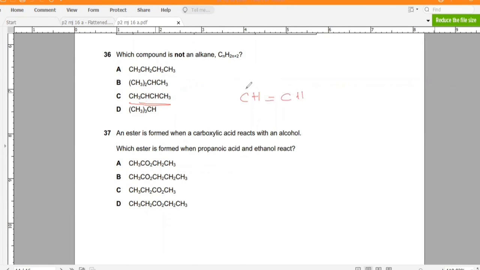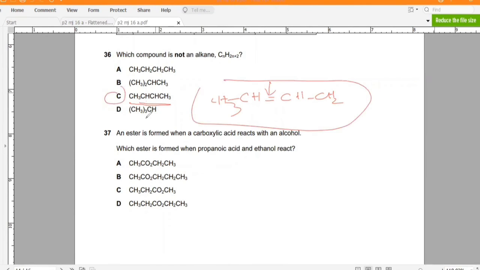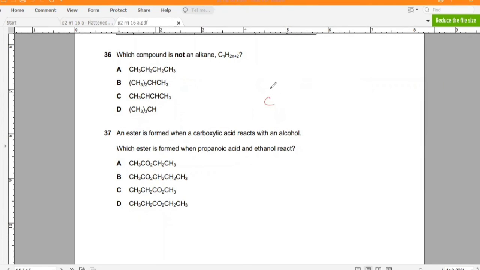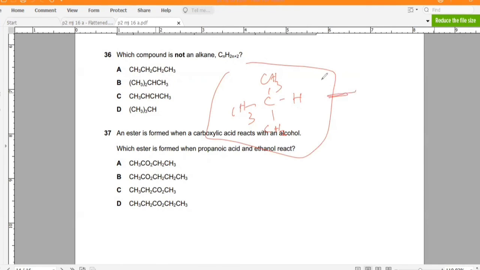You have CH3 bond and CH3 bond. That means it has a double bond, so it is not an alkane. That is why the right option will be C. Look at this one: there are 3 methyl groups with CH, CH3, CH3, CH3. This is called a methyl group, and H. That means it is also a single covalent bond, so it is also an alkane. You have to find which is not an alkane. The one that is not an alkane is the alkene, the double bond compound. Okay, the right answer is option C.